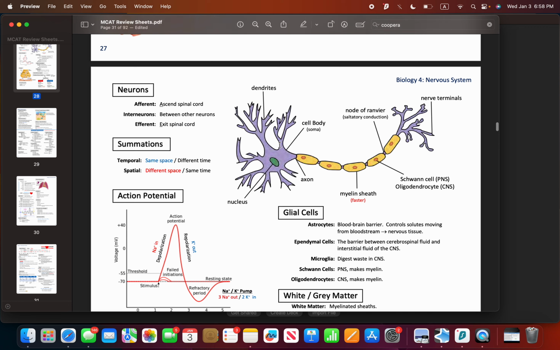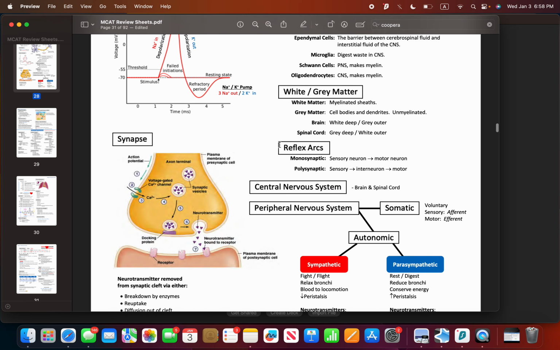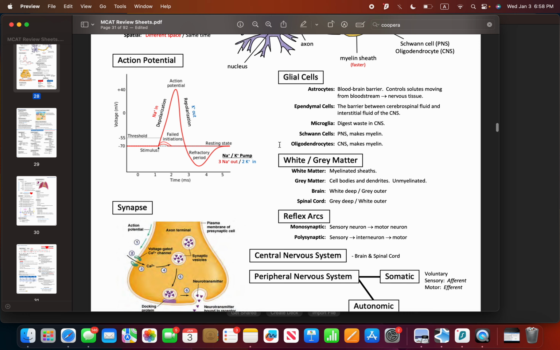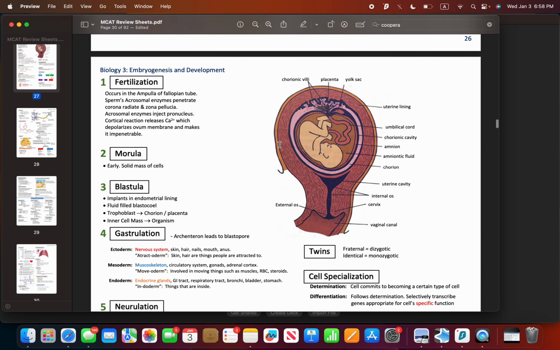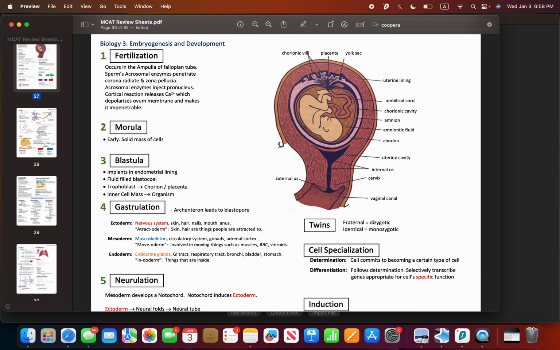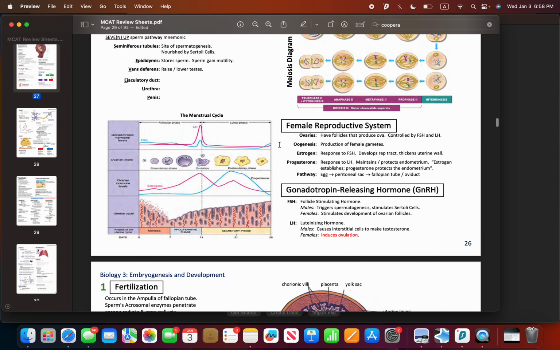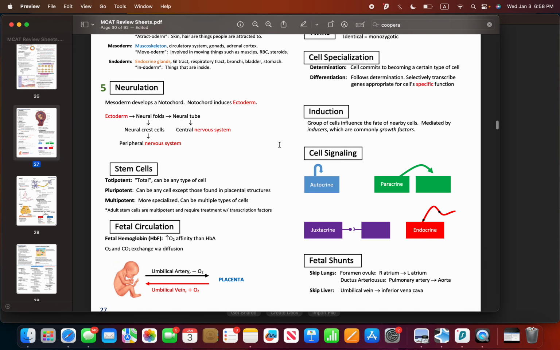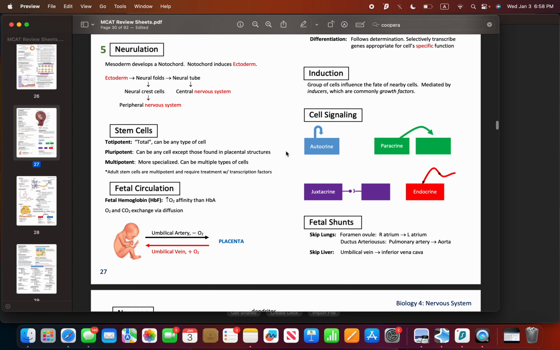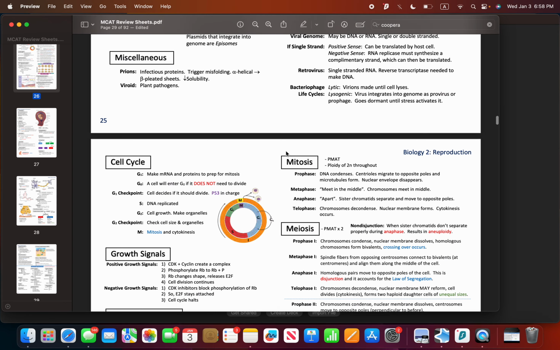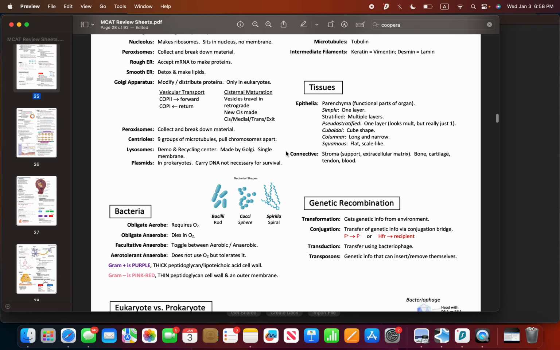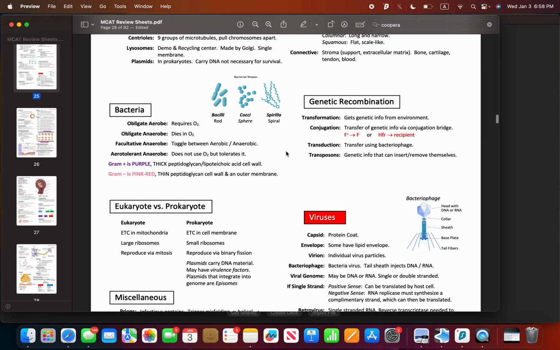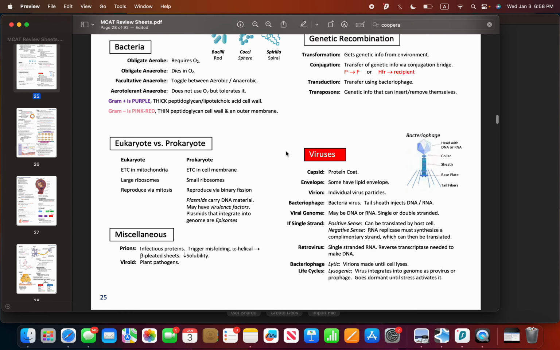And we have stuff about the nervous system, which should not be too major, it's relatively easy to understand. We have the embryogenesis and the development. That's also something to keep in mind. We have the reproduction, and we have the prokaryotes, the cell, and the eukaryotes.